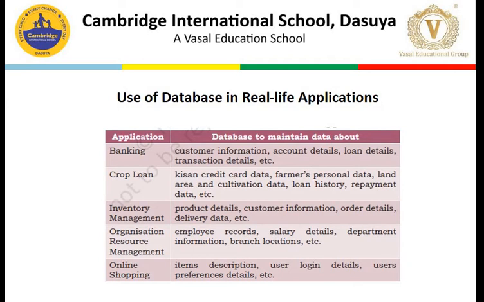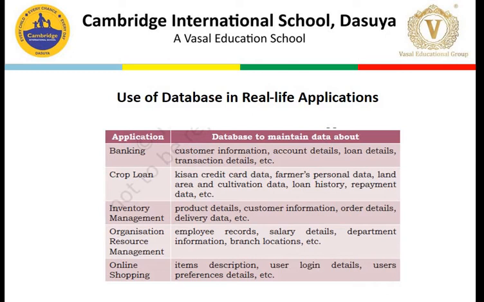Here we store the Kisan credit card data, then personal data like age, location, address, phone number, and so on. Then the land area that person is holding, cultivation data, loan history, how many loans he has already taken, and their repayment data. We store this information inside the database.